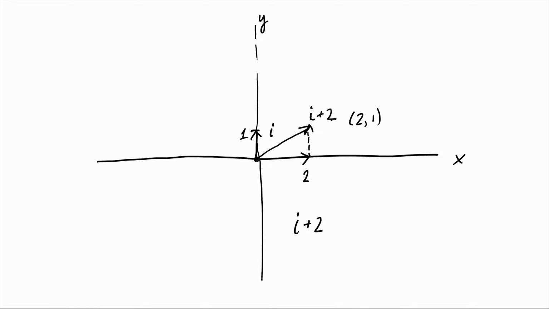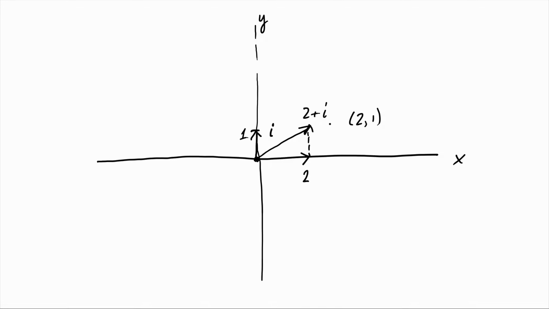In fact, we could have rewritten i plus 2. In fact, let's do that. Let's rewrite it as 2 plus i, just so it looks like it has the same ordering as that ordered pair. Okay, so 2 plus i.